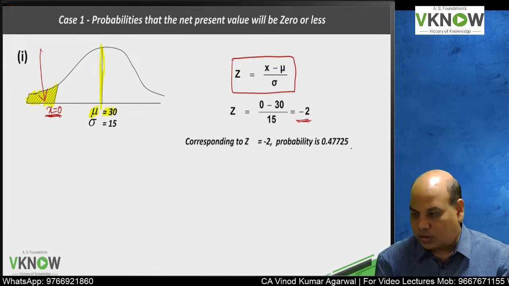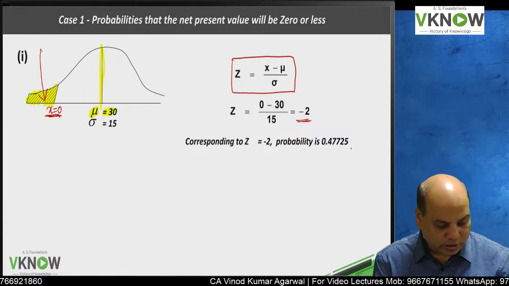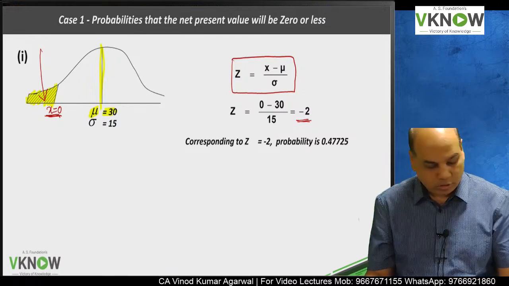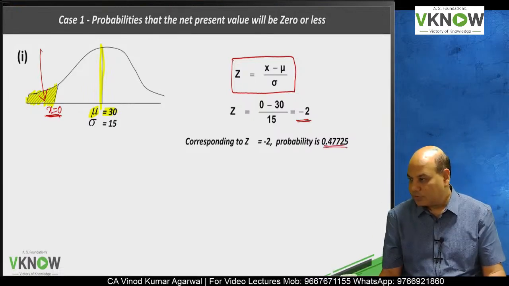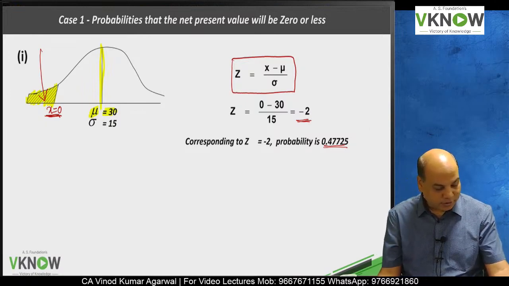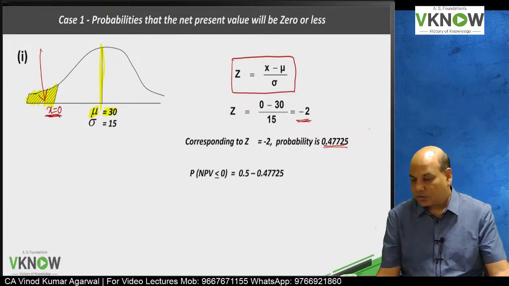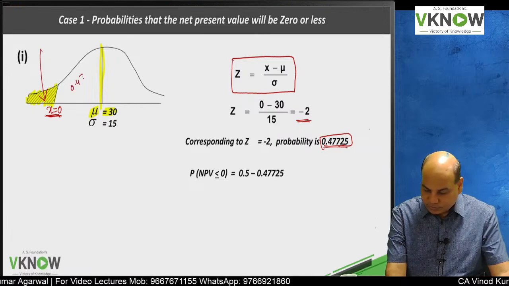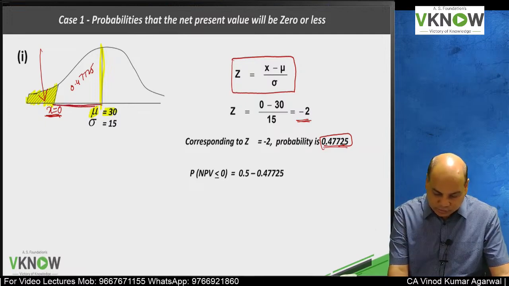So write down, corresponding to z equal to -2, you will find in the normal distribution table 0.47725. If you are able to locate it, please confirm. It is there in our book, next to 2.0. But this 0.47725 is the probability of this area between 30 and 0.